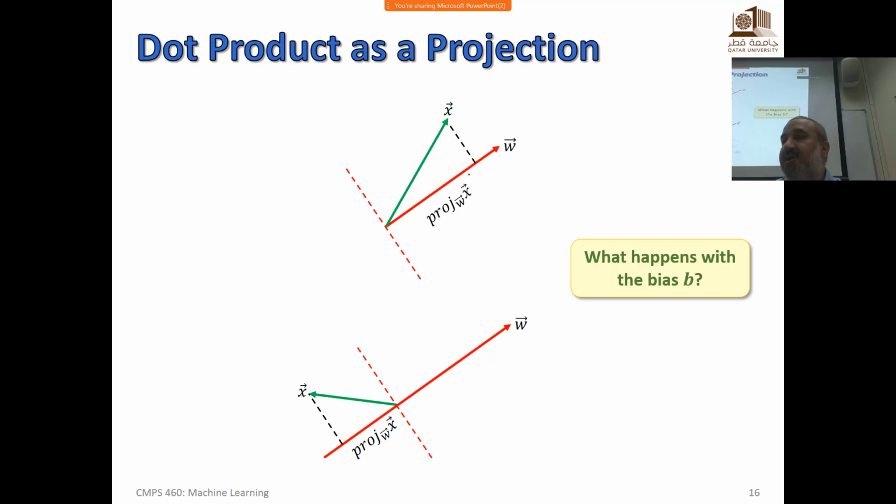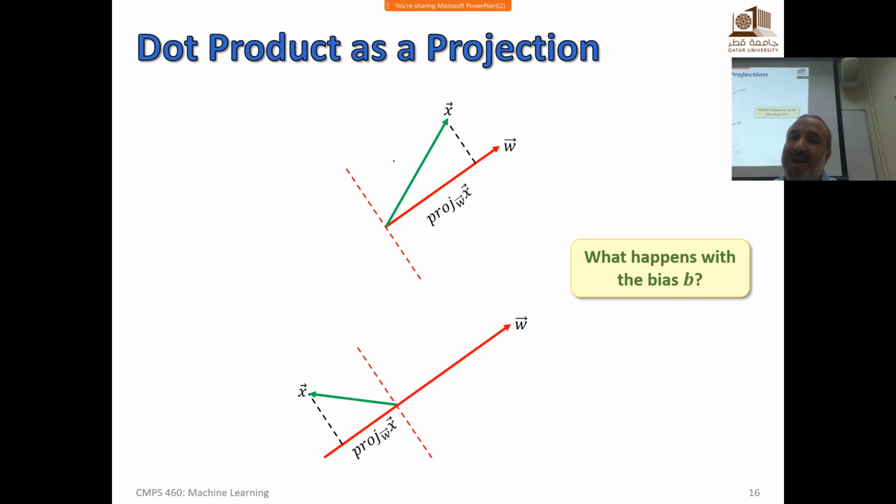Now, this projection is positive, right? Minus value, it will be even less, right? So if that new value is still positive, then it will be predicted as positive. If it's now negative, then it will be predicted as negative. That means that we are reducing the space of positive examples because now we are reducing the value of the projection. Okay?